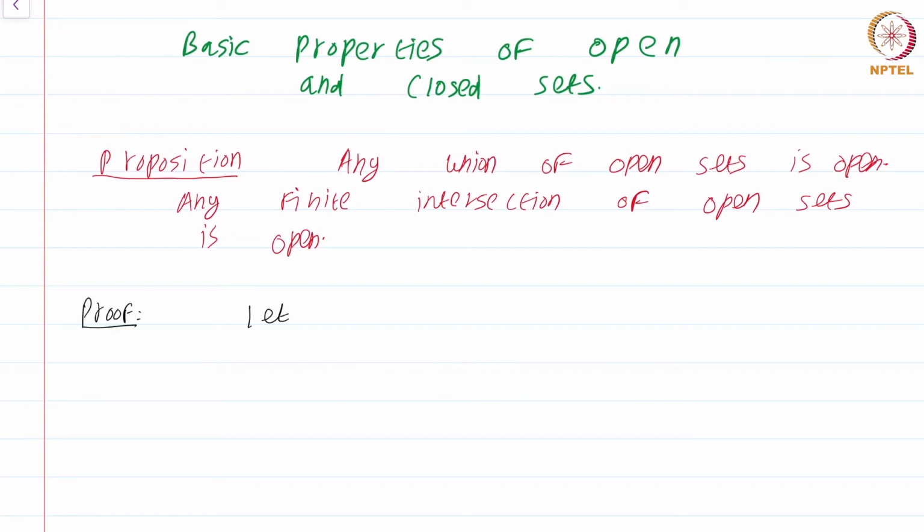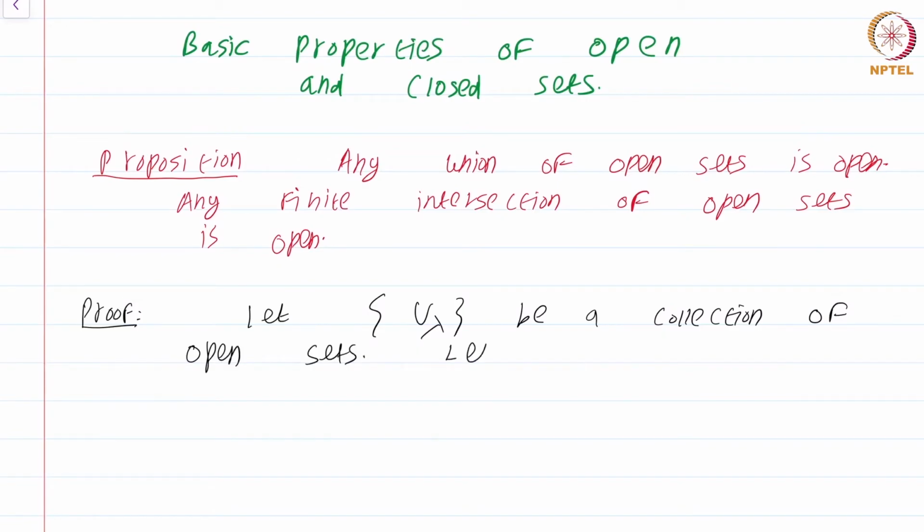Let u lambda be a collection of open sets. Okay, let X be an element of union of u lambda. So I'm considering a collection u lambda of sets.